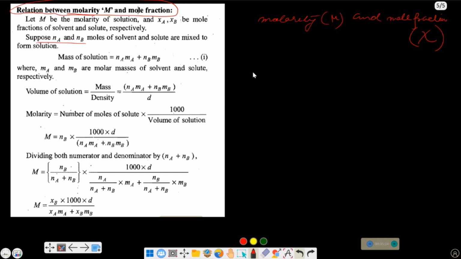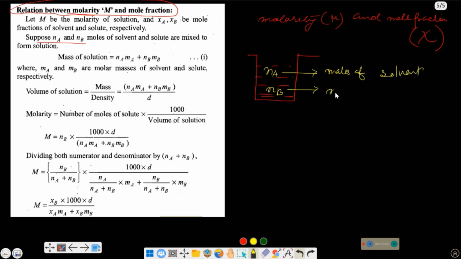Let us assume we have a solution in a beaker, with NA number of moles of solvent and NB number of moles of solute.